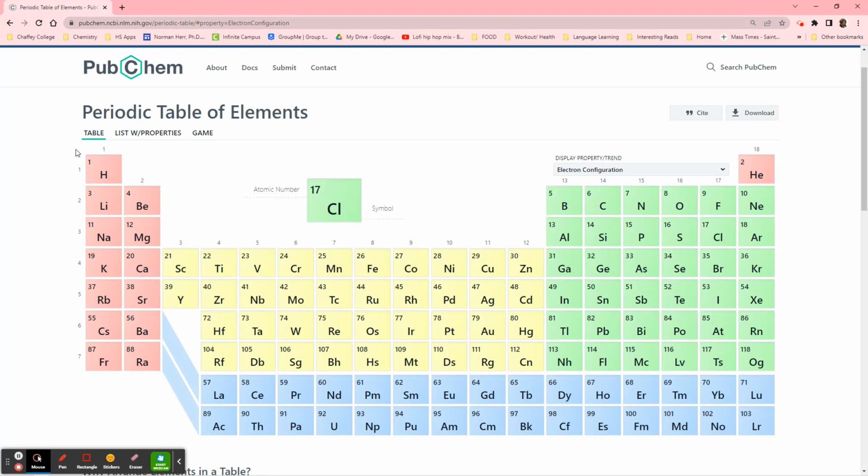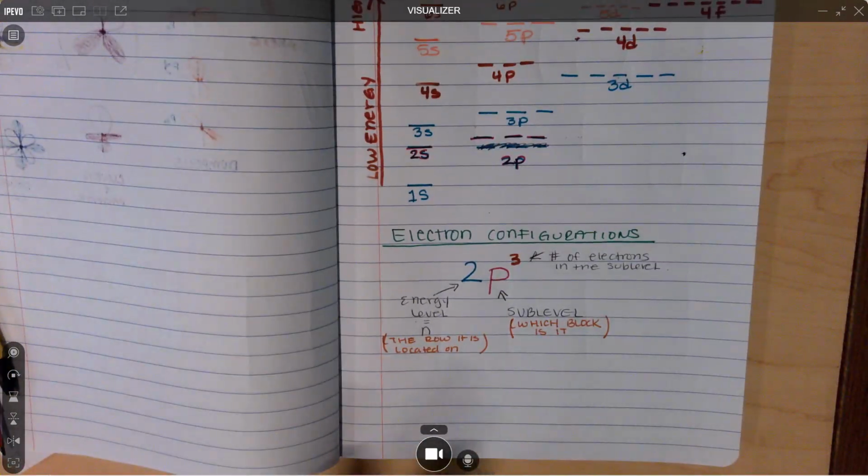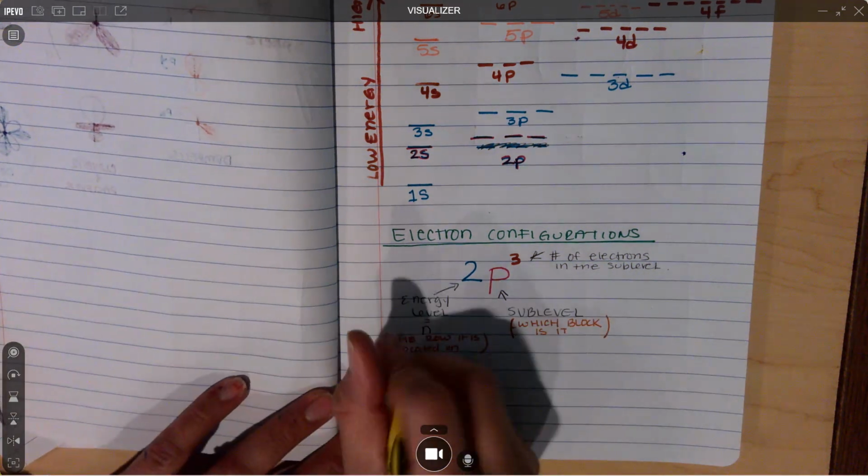Remember, this is s, this is p, d, and f. So we have that information. Let's go ahead and start making electron configurations. The first configuration that I want to work with is going to be with sulfur.